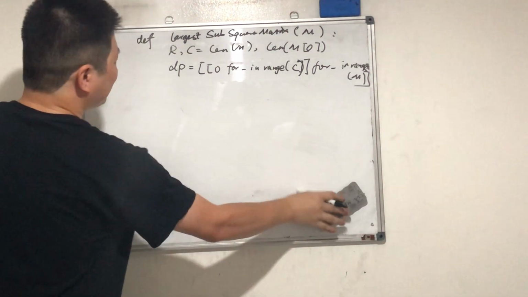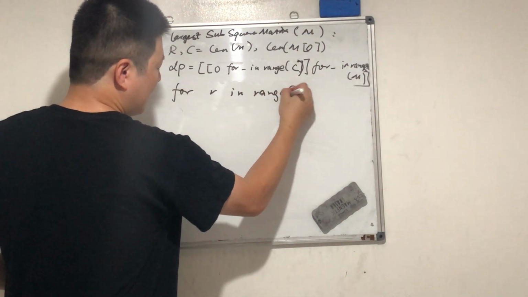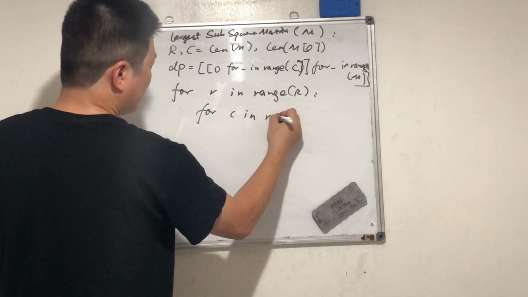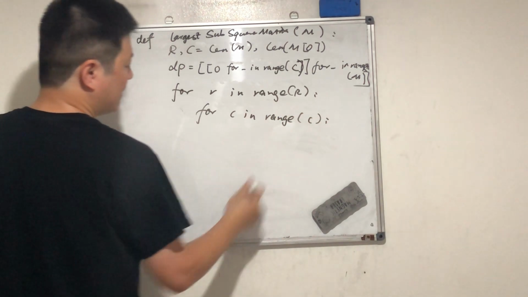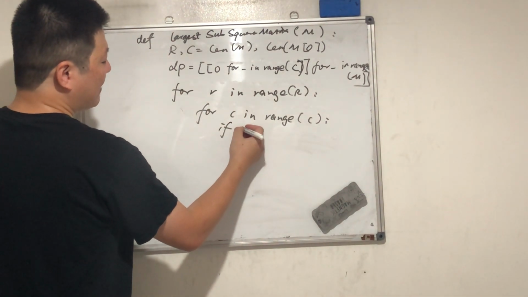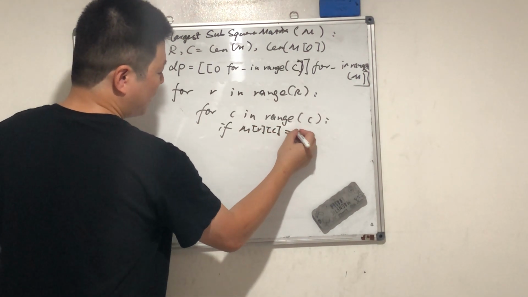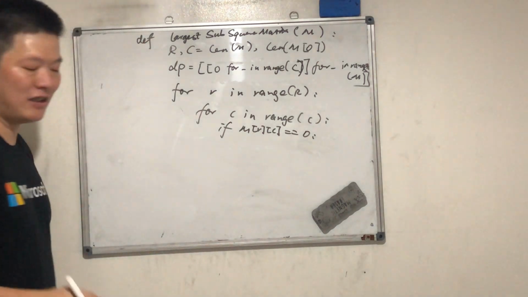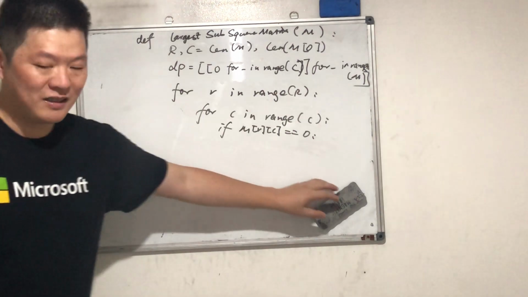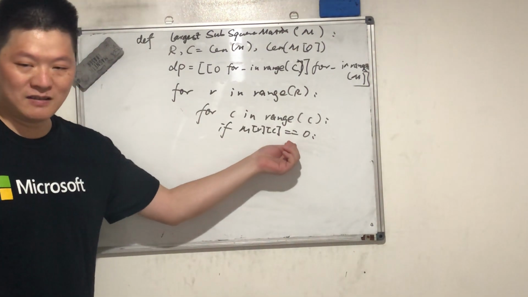Okay, so now I just need to go through each one. For r in range R, for c in range C, right? I go through each one. And if matrix[r][c] equals 0, right? If the current point is 0, what does it mean? It means there's no square ending here.